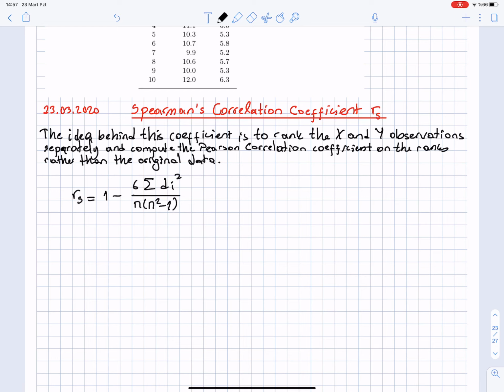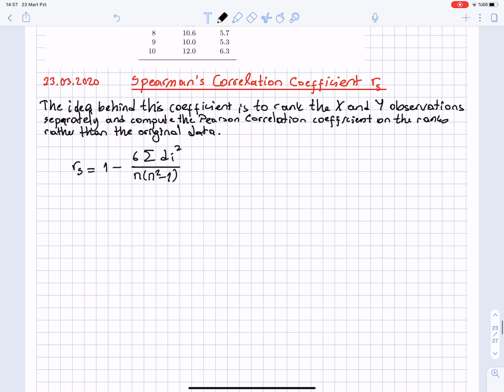If your measurements for both x and y have decimal places, the calculation of the Pearson correlation without a computer is very hard. But using the Spearman rank correlation is much easier because every value will be an integer, starting from 1 and ending at n for x and y, and di is the difference.